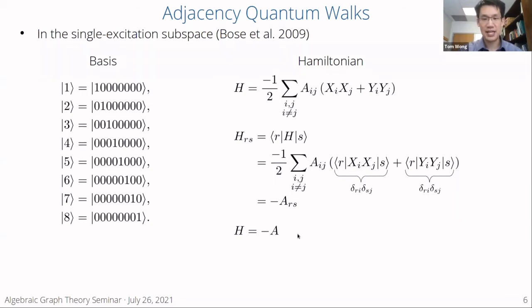And so if you evolve by Schrodinger's equation with this Hamiltonian, the evolution looks like this. Instead of e to the i L t, you get e to the i A t times your initial state. And so this is another type of continuous time quantum evolution that we call an adjacency quantum walk, because now it's governed by the adjacency matrix instead of by the Laplacian.